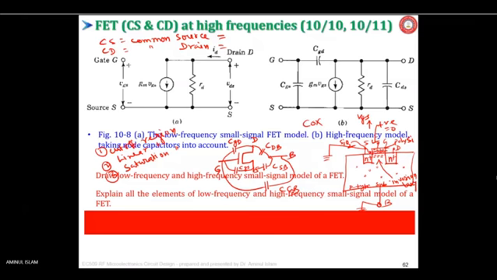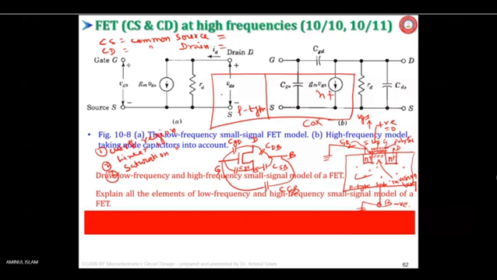Let me say one thing. I am again making something. So we have N plus, right? Let me say this side is N plus, and this is your substrate, P-type. This P-type is connected to the negative terminal of the battery.